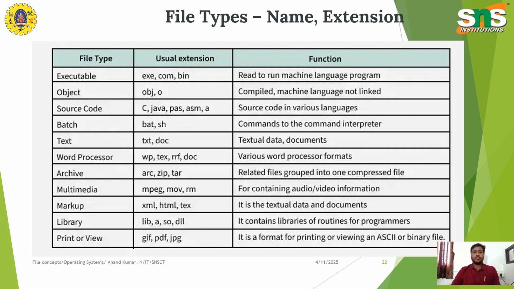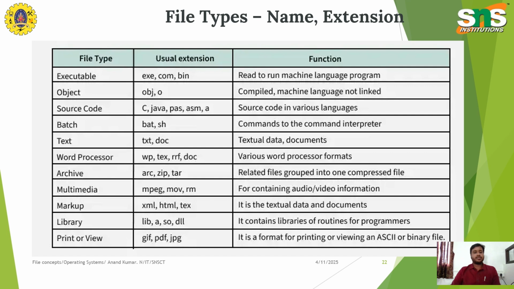And next is the most commonly used type, what we call the text file type. The .txt or .doc is the most commonly used text type. It contains textual data, documents, binary aspects, etc. Regarding the word processor, it has .tex, .rtf, that is rich text format, and .doc as the most commonly used format types.